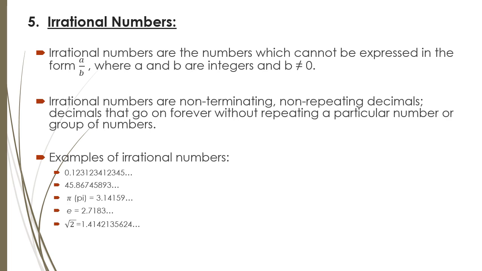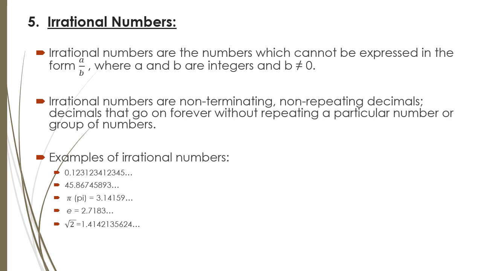The next example is of pi. We all know what exactly pi is. Pi is the ratio of the circumference of a circle to its diameter, and that ratio approximately comes equal to 3.14159 and so on. Normally, for calculations, we take the value of pi as 22 upon 7.